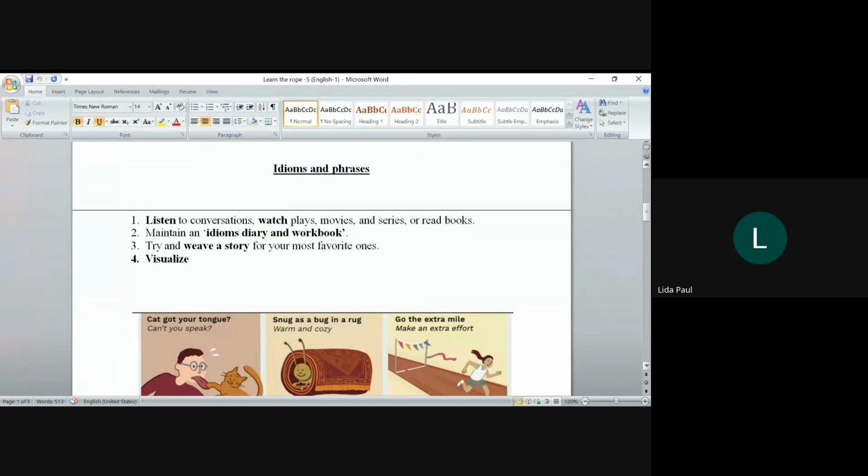Okay, so the diary and the workbook part, again, like I was saying, don't just do it in an indisciplined way. That is, don't just choose 10 idioms and phrases out of the blue and try to learn them. That will not help you much.